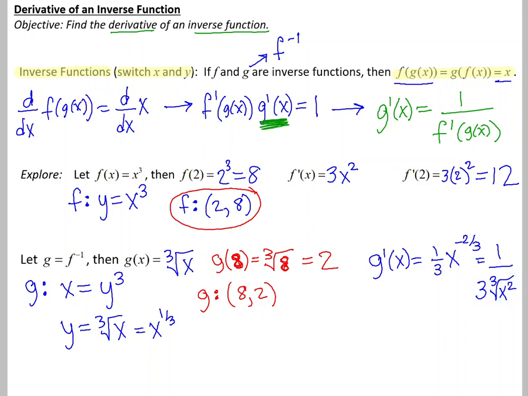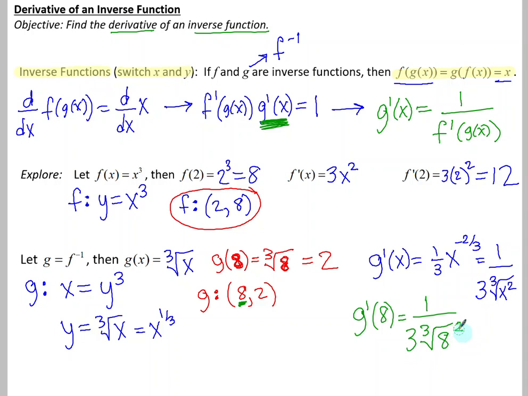Let's go ahead and plug in the x value from the g function and see what g prime of 8 is equal to. That's 1 over 3 times the cubed root of 8 squared.